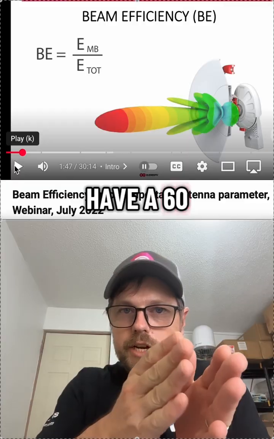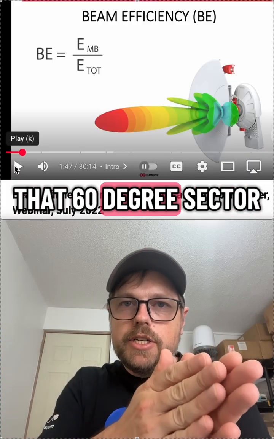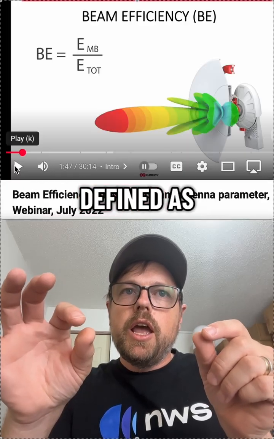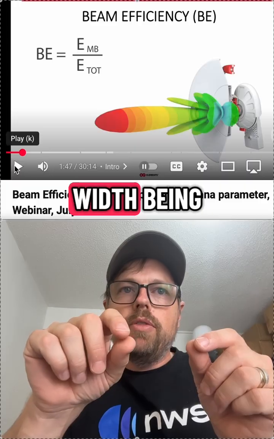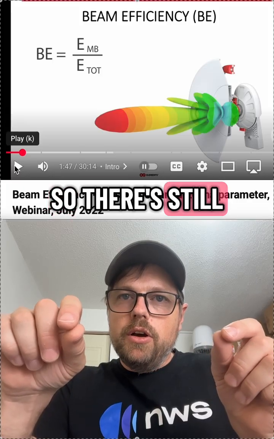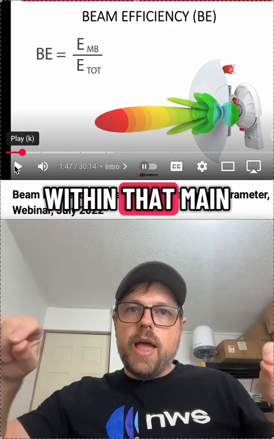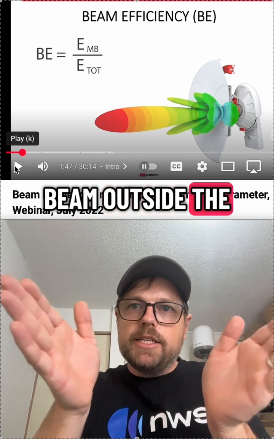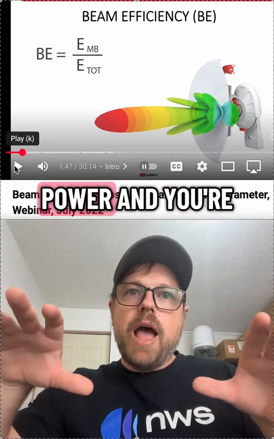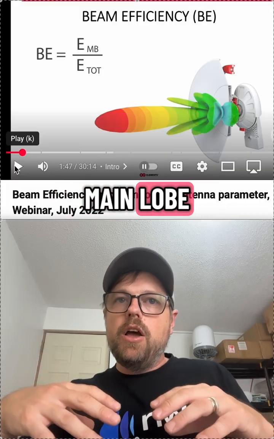So you could have a 60-degree sector, and you could have all of your stations within that 60-degree sector. But 60-degree sectors are often defined as half power beam width being 60 degrees. So there's still a lot of power within that main lobe, within that main beam, outside the 60-degree sector that is wasted power, and you're picking up extra noise from the main lobe.